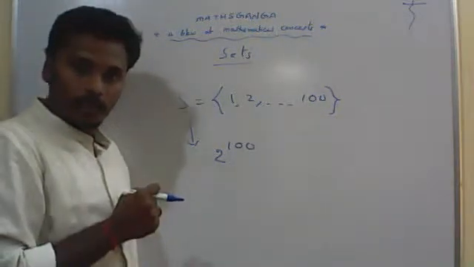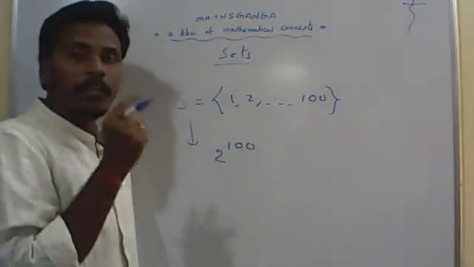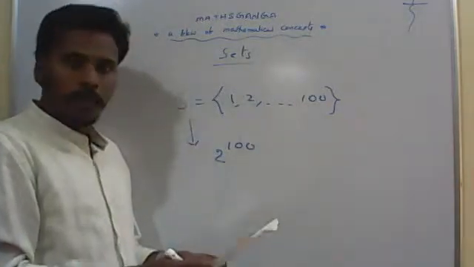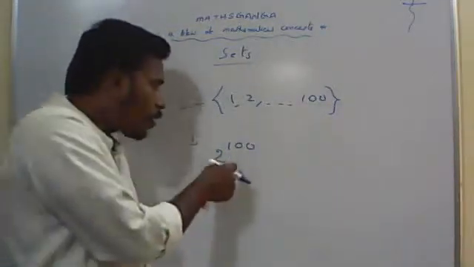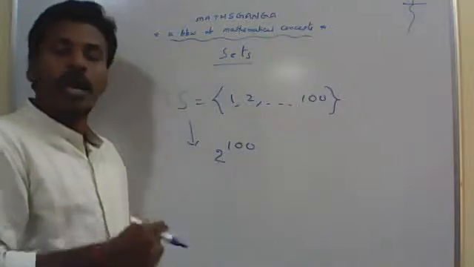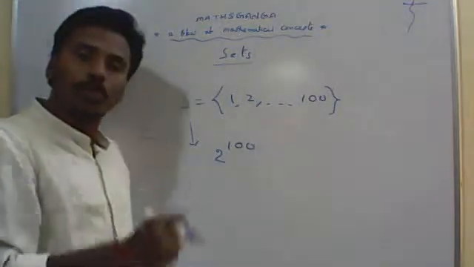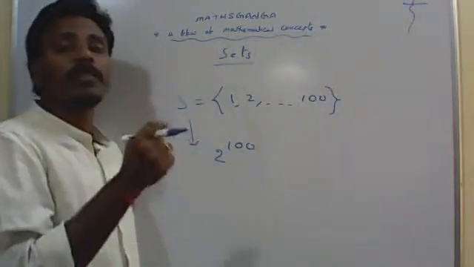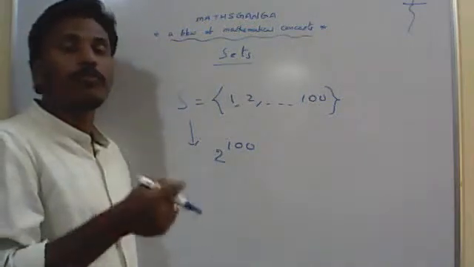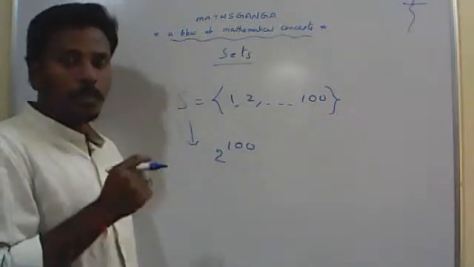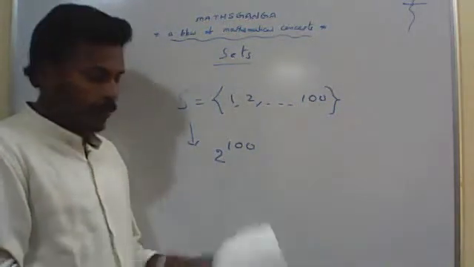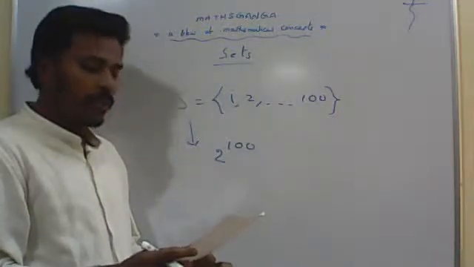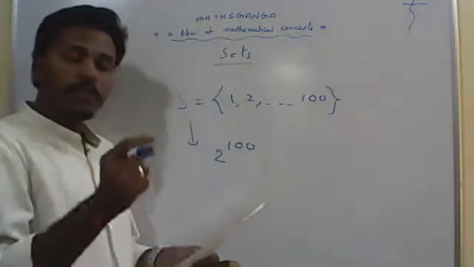See, if you multiply all the elements of that subset, that result must be even as per the question. Okay, that means among these 2 power 100 subsets, I need to identify those subsets whose product of elements is even. Right.